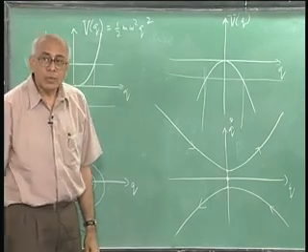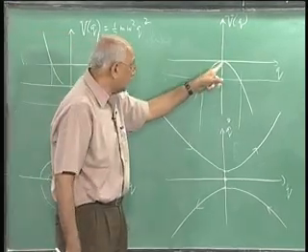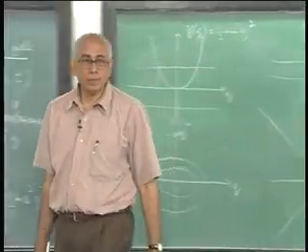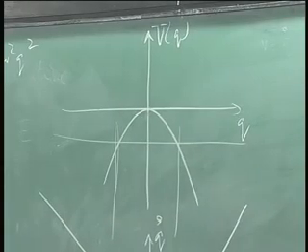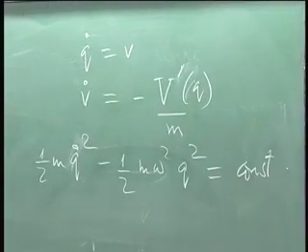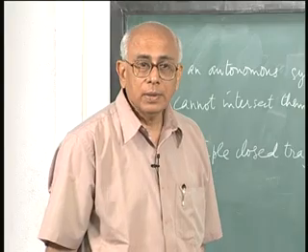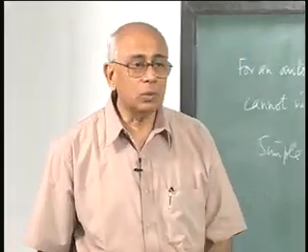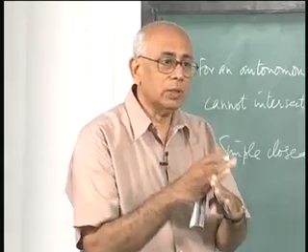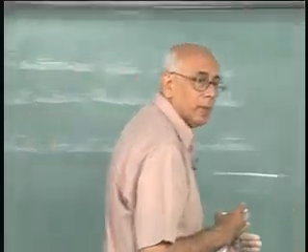And when E is 0, remember, you can have a trajectory which corresponds to just this point here, but you could also have other trajectories, because if you put E equal to 0 on the right hand side, it says q dot squared, apart from constants, is equal to q squared, therefore q dot is plus or minus q with a certain slope, and these are lines which go through the origin asymptotically.